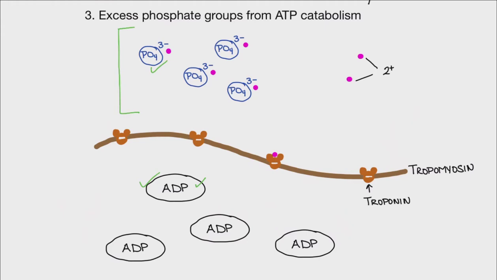Now eventually ADP and that phosphate group are going to rejoin and make ATP, but initially there's just a lot of phosphate hanging around. And maybe it distracts some of the calcium and prevents calcium from binding to troponin, and therefore more of the binding spots remain covered than should. And that could be another contributor to fatigue.